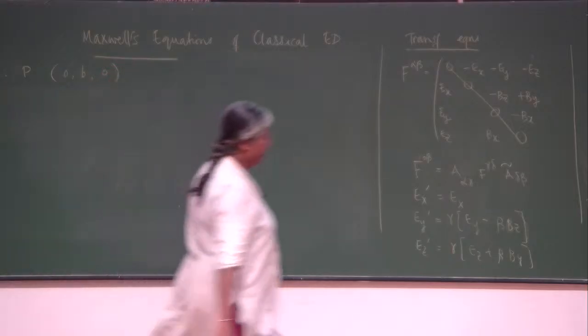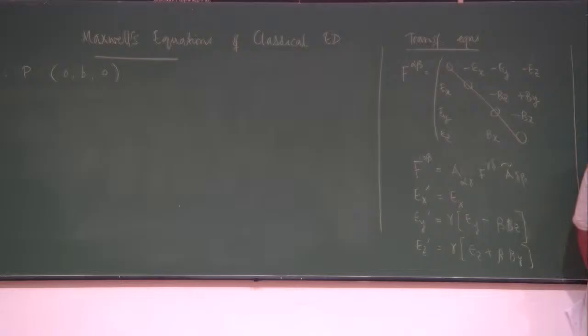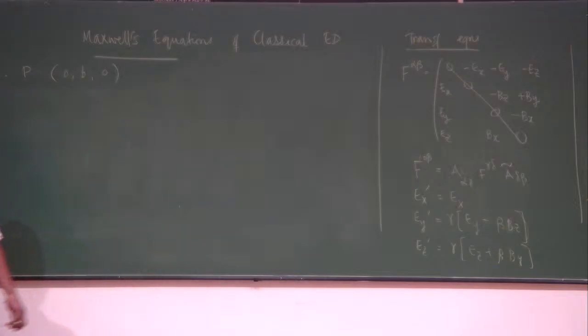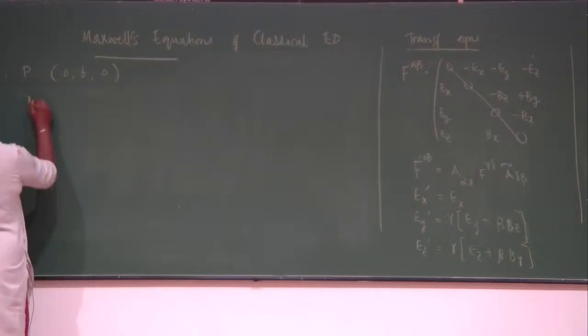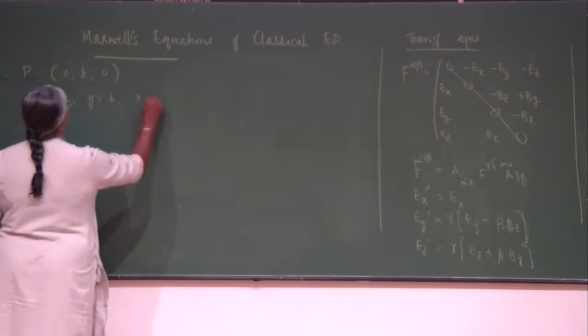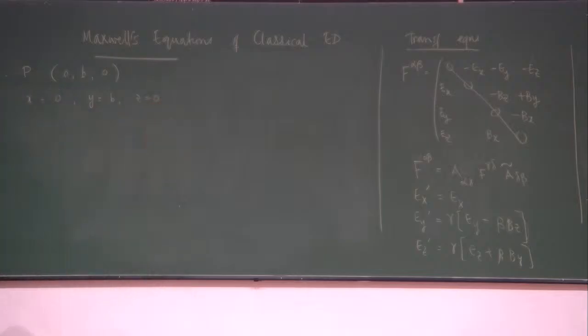So he is sitting at B along this y-axis, and he is sitting at rest in this x frame, and of course we just take x3 to be 0, it does not matter to us, right? Fine. So x1 is equal to 0, y is equal to b, z equal to 0 is where this observer is sitting. What will it look like in the frame of sigma prime, x prime?